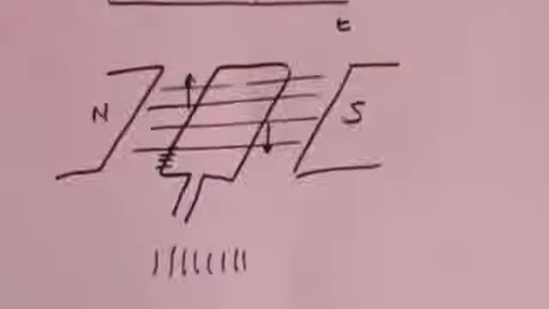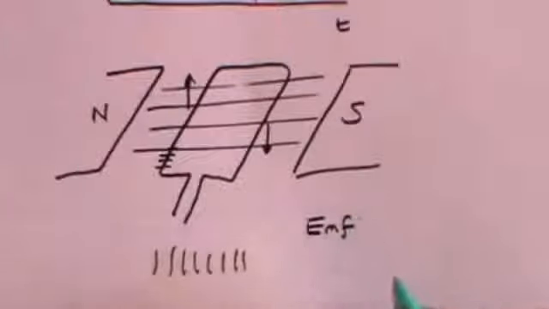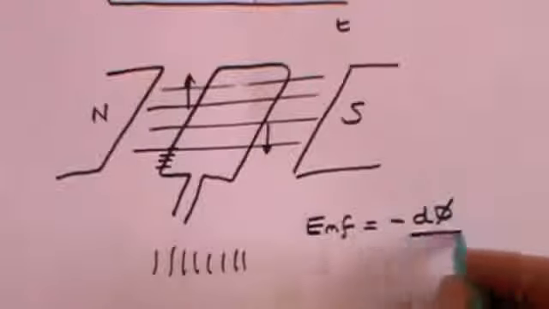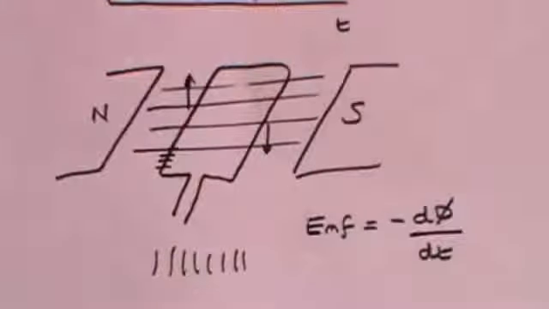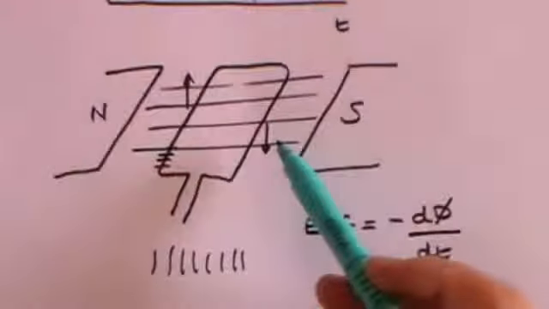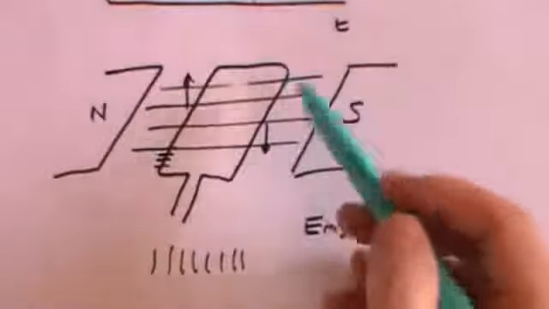And we know from Faraday's law that where you have flux being cut, there will be an EMF which is equal to minus dΦ/dt, the rate of change of flux. And as the wire moves and cuts the flux lines, an induced current will flow in this wire.